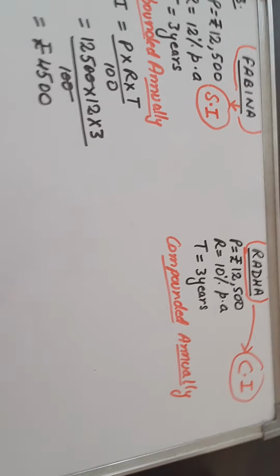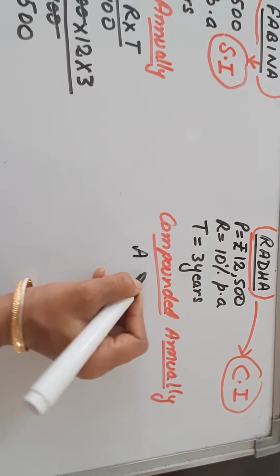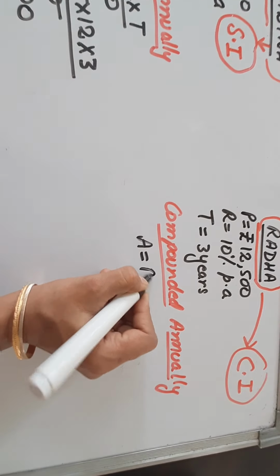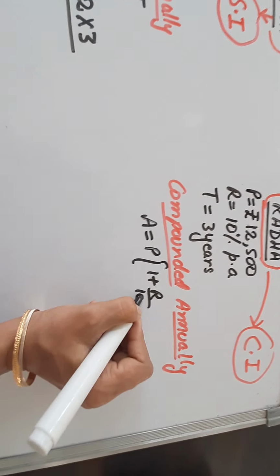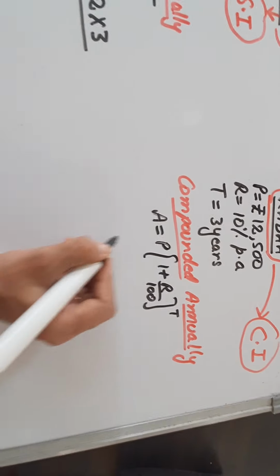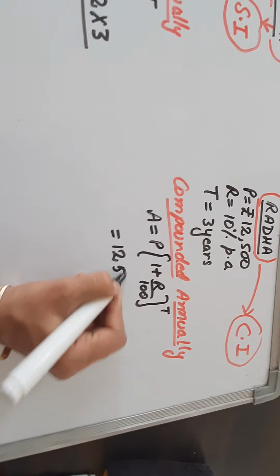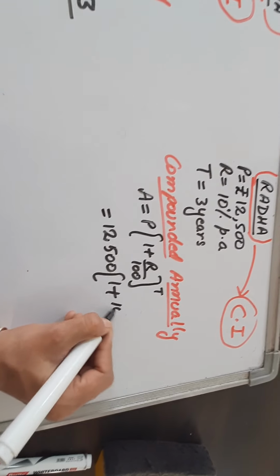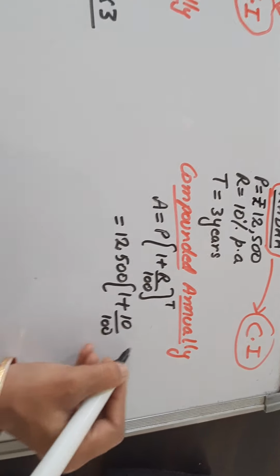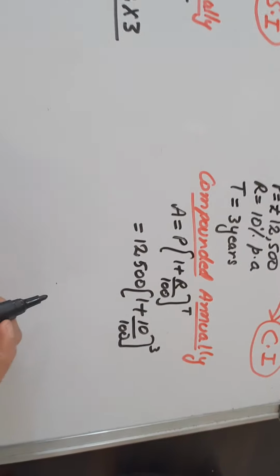Now let us calculate the compound interest for Radha. But as you know, for compound interest, we need to calculate the amount first. So amount is equal to P into 1 plus R upon 100 raised to T. So P is 12,500 multiplied by 1 plus rate of interest 10 upon 100, raised to how many years? 3 years, complete years.